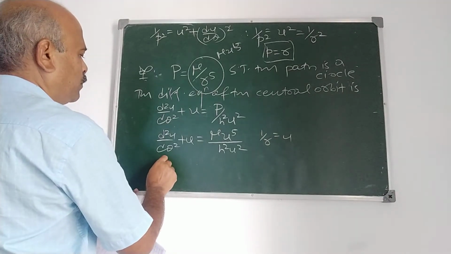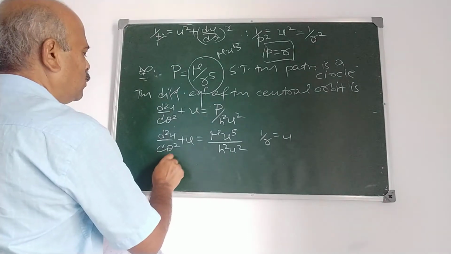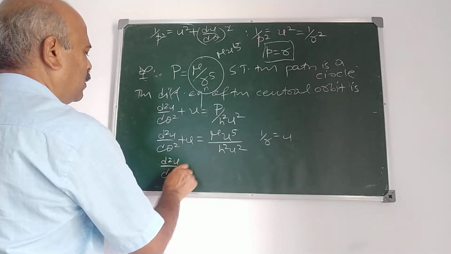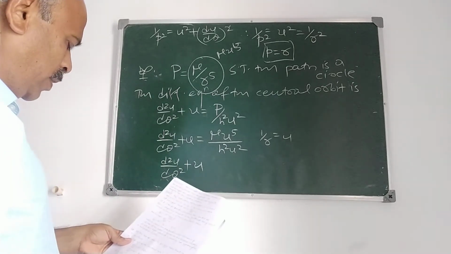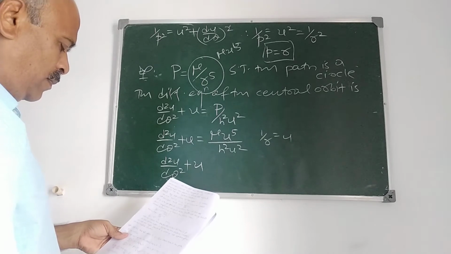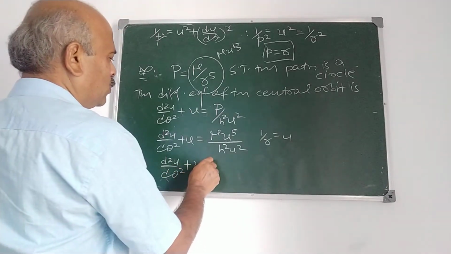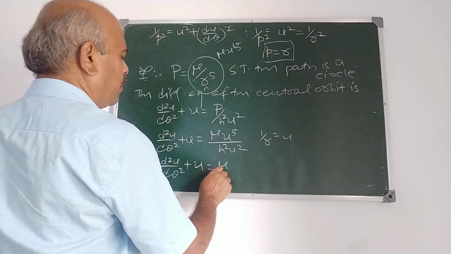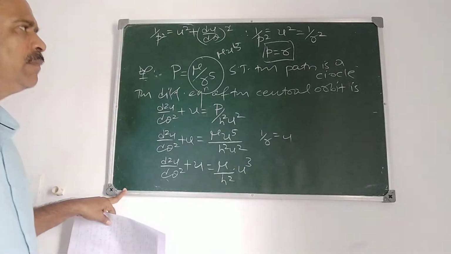Therefore, d2u by d theta square plus u cube remains, correct? d2u by d theta square plus u is mu by h square into u raised to 3.